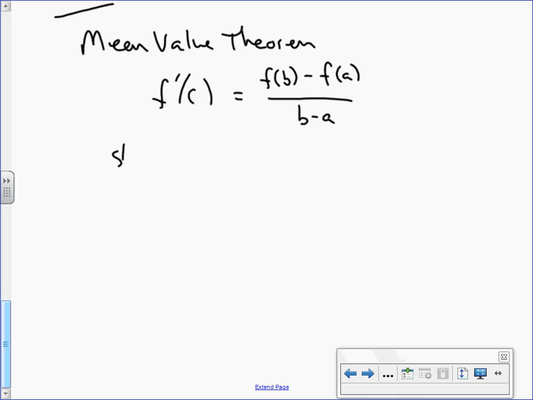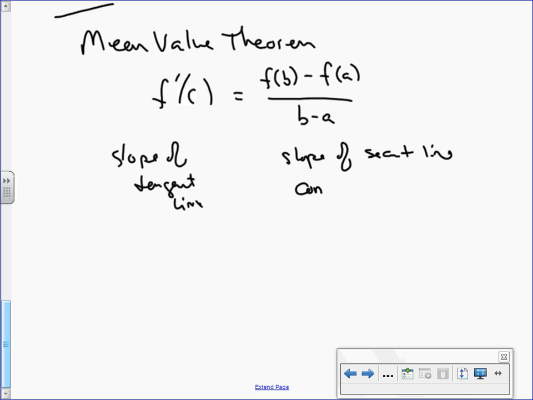This is the slope of the tangent line. And this is the slope of the secant line. And that's the endpoints. And that c value is going to be somewhere in between the a and the b.